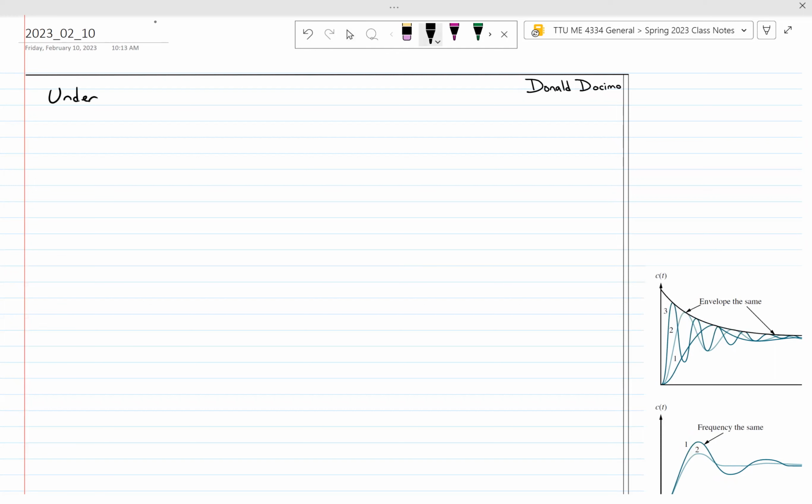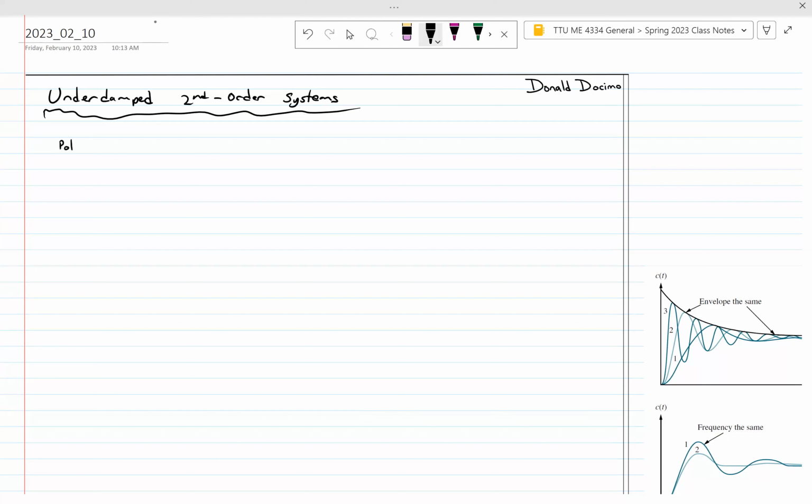Let's continue with our underdamped second order systems. I have one more class on that at least. All right, so let's talk about our poles for an underdamped second order system.